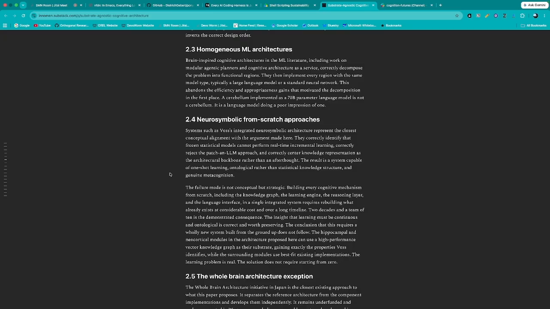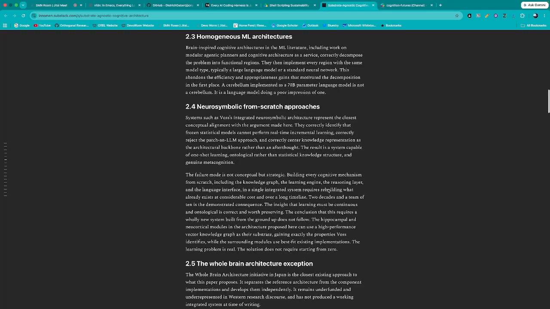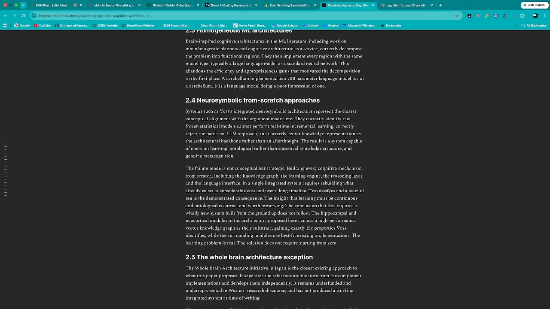The result is a system capable of one-shot learning, but then the failure mode is actually strategic: building every cognitive mechanism from scratch, including the knowledge graph, the learning engine, etc., into a single integrated system requires rebuilding what already exists at a considerable cost over a long timeline.